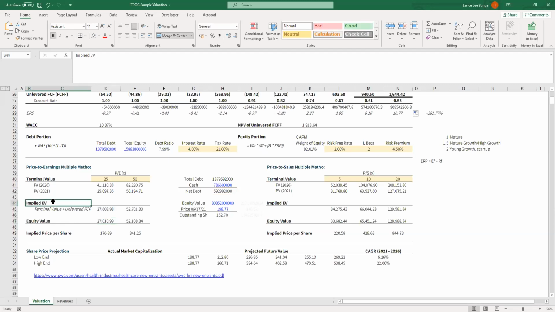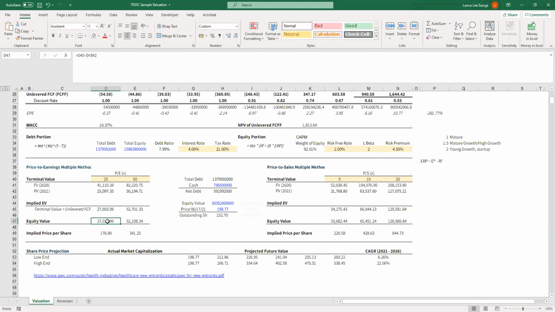For those who aren't familiar, enterprise value is the sum of the market value of debt plus the market value of equity. The market value of equity can also have a different name, which is market capitalization. That's the usual name that you see in stock reports. So market value of equity is the same as market capitalization.